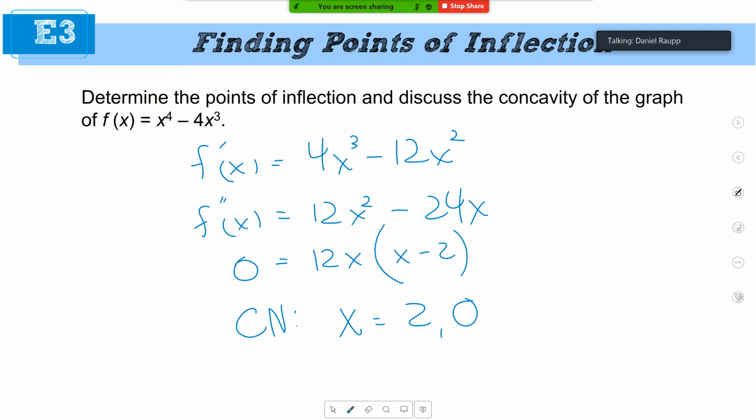Rocking it so far. Keep going. And I made a number line of f double prime with the numbers 0 and 2. I assume you put them in the correct numerical order. Yeah. Okay, great. You'd be surprised how many people don't. And then I plugged in -1 and I got a positive value for that.